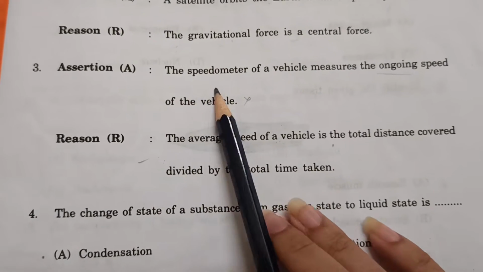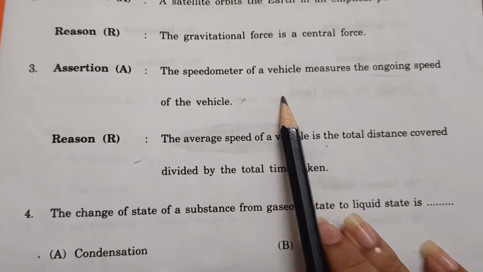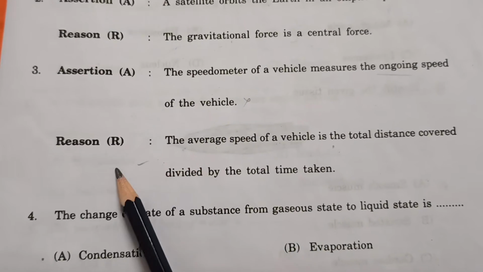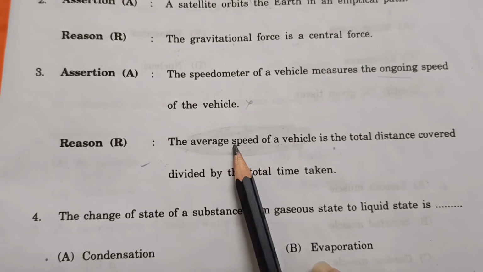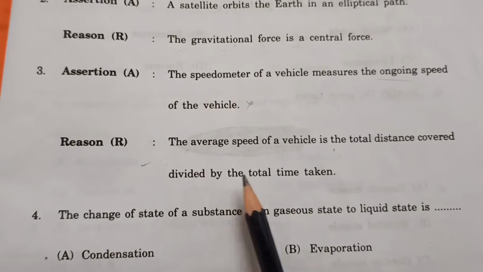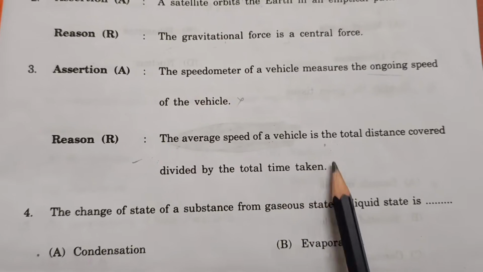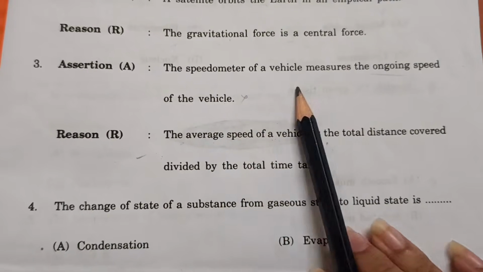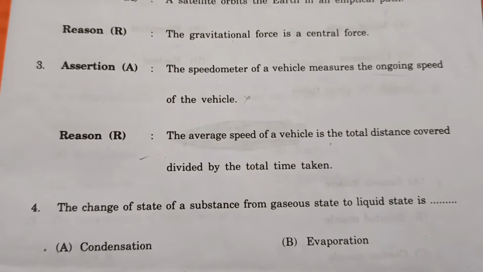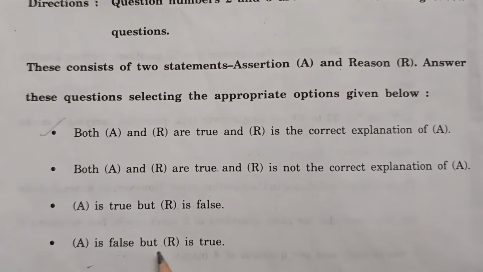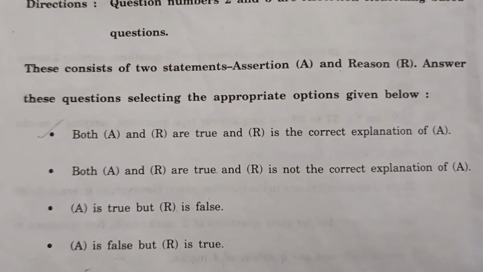Here the assertion is wrong as the speedometer of the vehicle measures the instant speed of the vehicle, and the average speed of a vehicle is the total distance covered divided by total time taken. Here the reason is correct. As the assertion is wrong, the correct option is the fourth one. Assertion is false but reason is true.